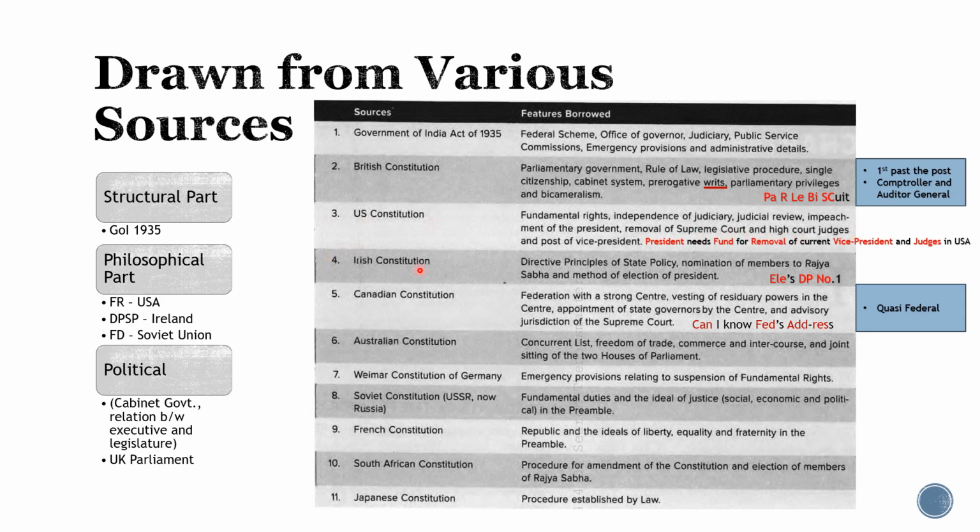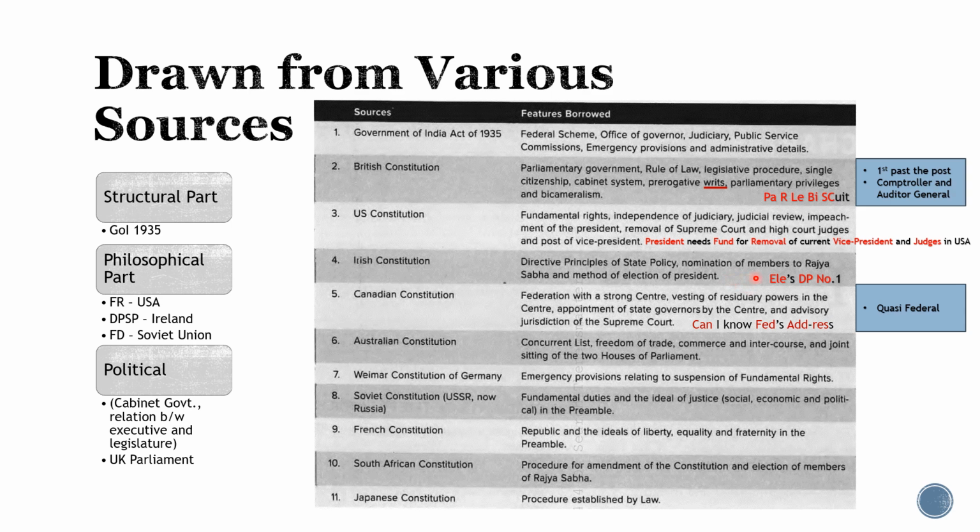The Irish Constitution gives us a very important thing, which is the directive principles of state policy. Already talked about them in the philosophical part, right? And the nomination of members of Rajya Sabha and the method of election of the president. So how you can remember this is Ellie's DP number one.